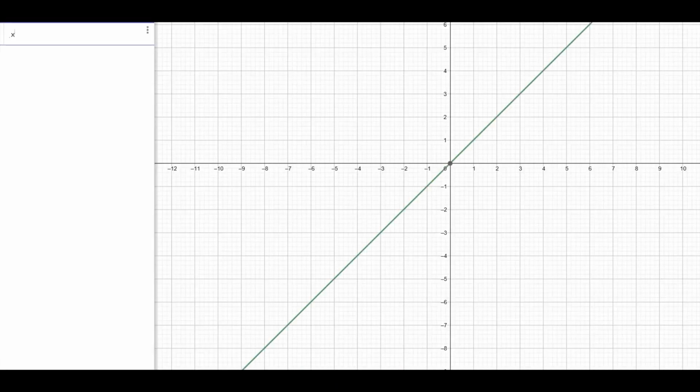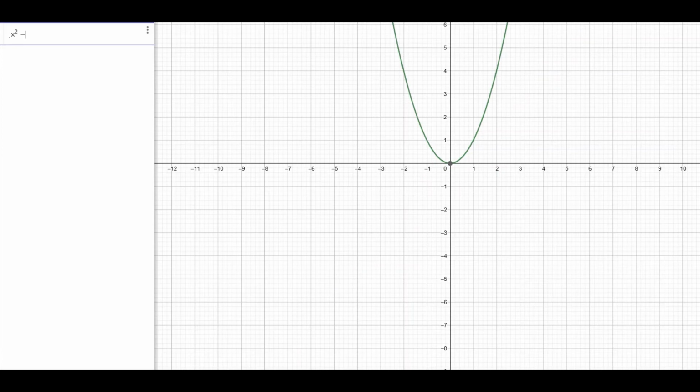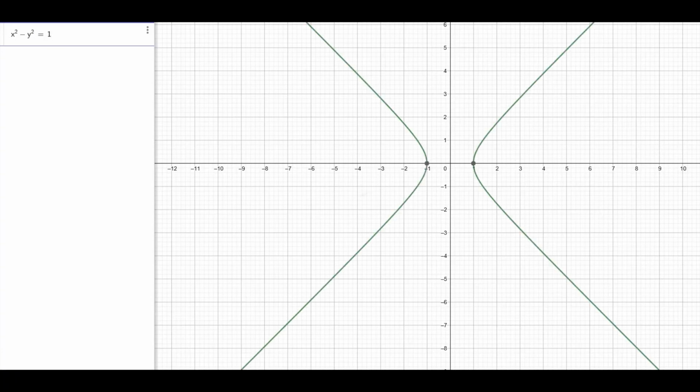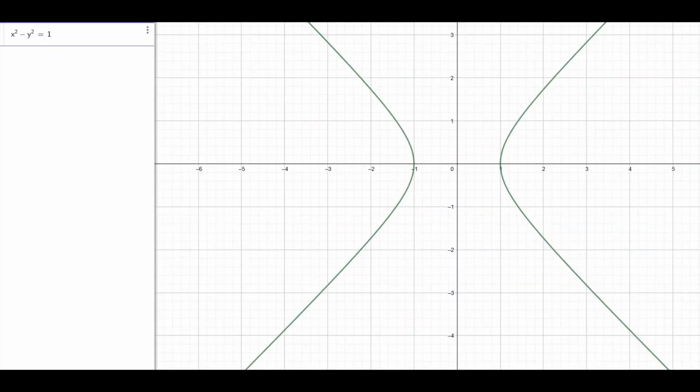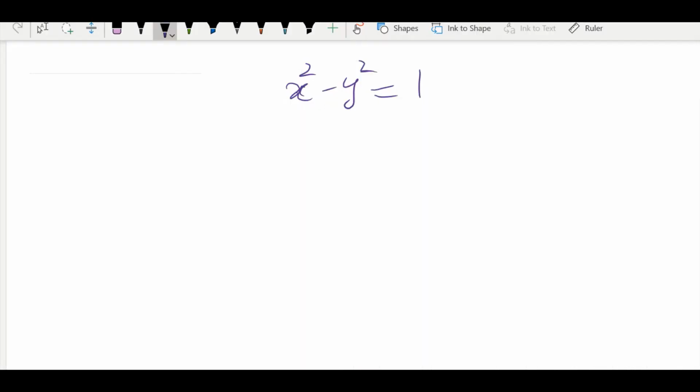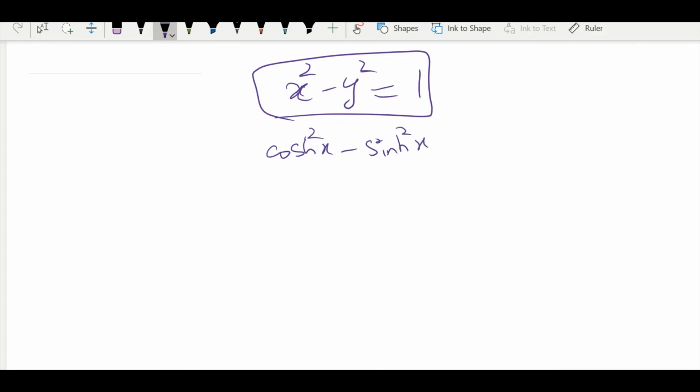X power 2 minus y power 2 equals 1 gives me a hyperbola here. The condition which satisfies this equation is cosh square x minus sinh square x equals 1.